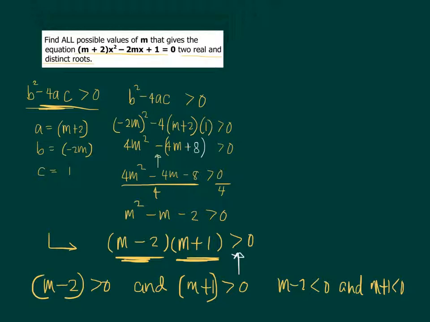So that's how we understand m minus 2 times m plus 1 greater than 0. It could be that both of them are positive or both of them are negative. Remember the rule on signs: negative times negative is positive, and positive times positive is also positive.